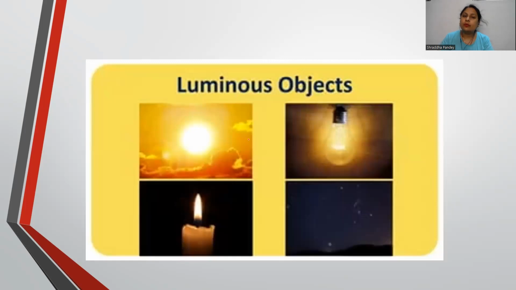Now, what are luminous objects? An object which emits its own light is called a luminous object.